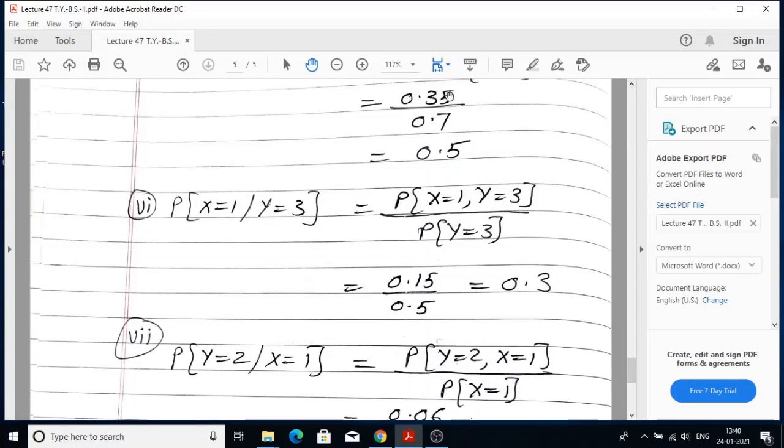So 0.35 divided by 0.7. The answer is 0.5.